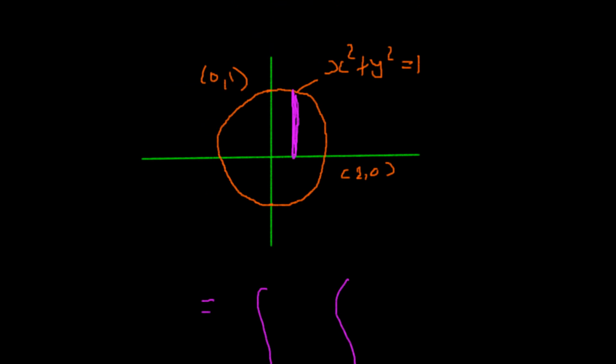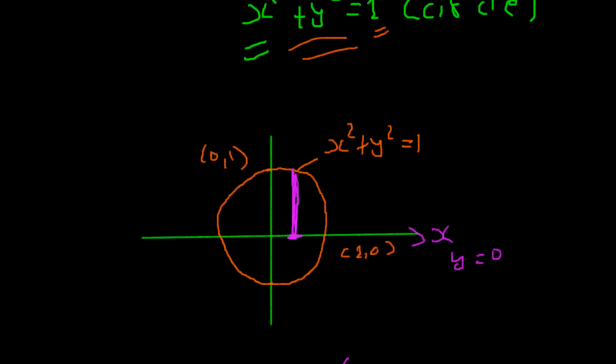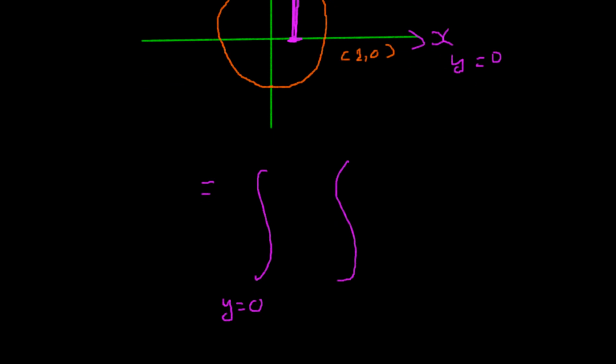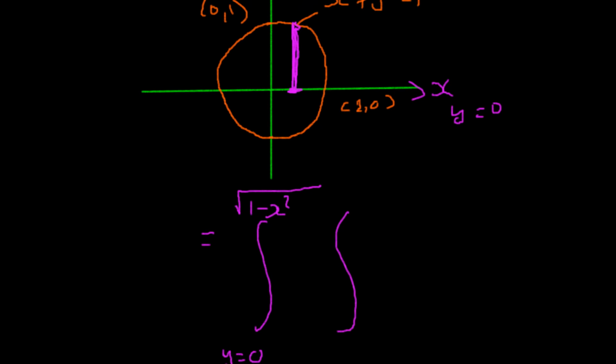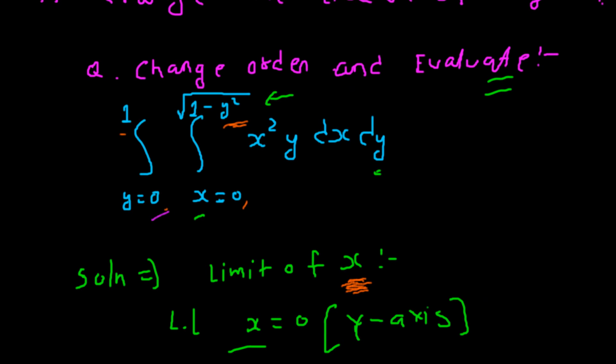On the limit of y first, what will be the value of y? On the x-axis, x will be some value and the value of y will be 0. So here y is 0. And the upper value of y will be root of 1 minus x square. The second limit, by default, you can take as x equals to 0 and 1.